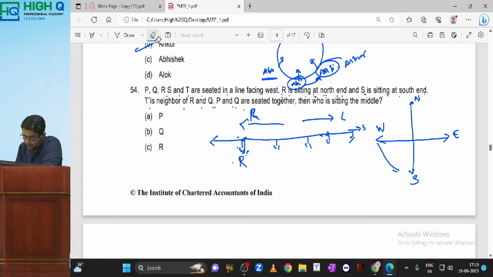R is sitting at the north end. S is sitting at the south end. T is neighbor of R and Q. P and Q are seated together. Then who is sitting in the middle? Q.